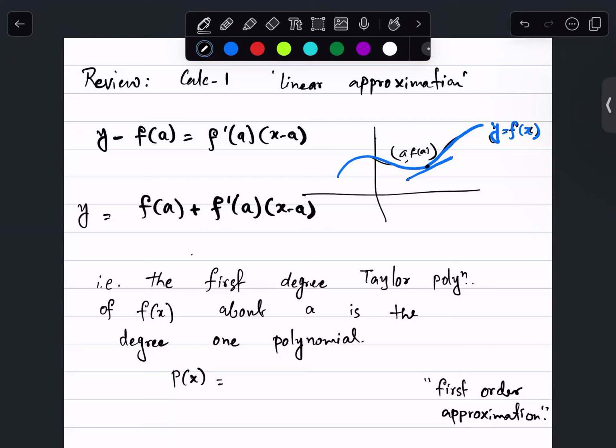So in simple terms, the derivative actually gives a linear approximation to the graph of the function. So this is basically the tangent line.